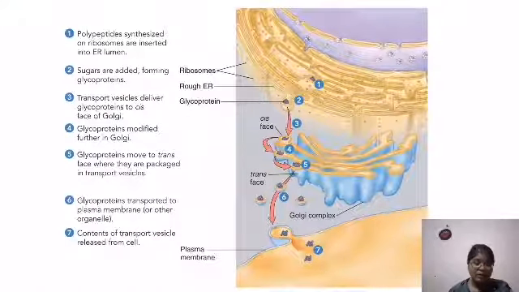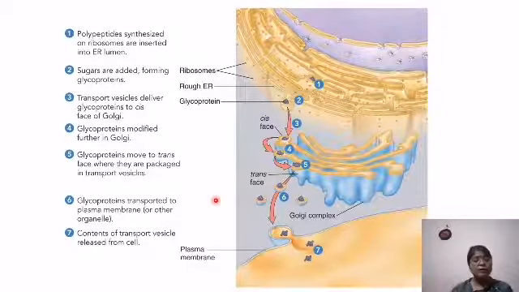Now you can see what is happening here. The ribosomes form a very close connection with your endoplasmic reticulum, and whatever protein is being formed gets inside into the lumen of your endoplasmic reticulum.